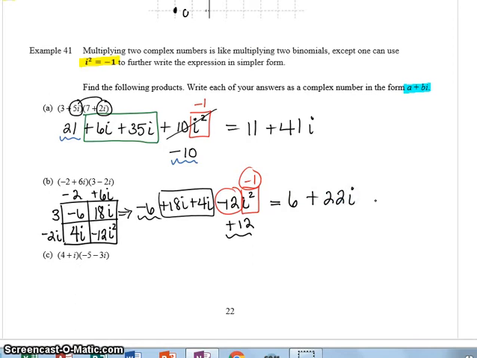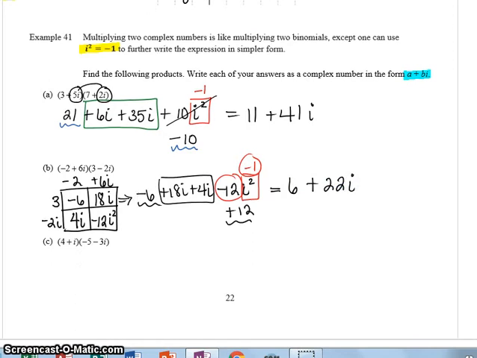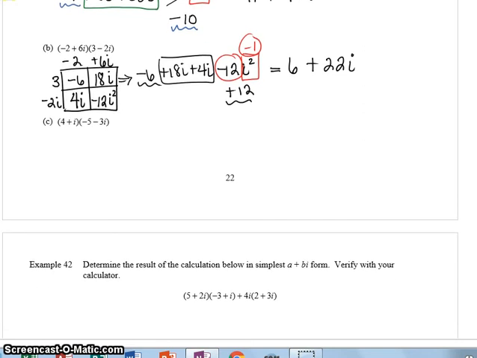For C, I'm going to FOIL again. It says 4 plus i times negative 5 minus 3i. I multiply my firsts, I get negative 20. My outers, I get negative 12i. My inners, minus 5i.